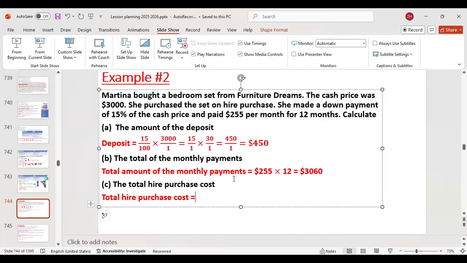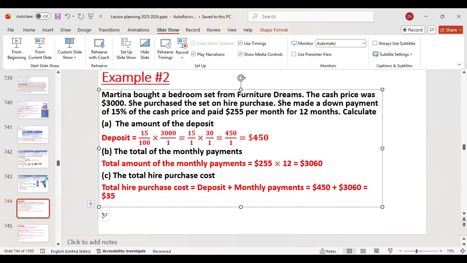It's gonna be deposit plus monthly payments, which gives us the deposit, 450, plus 3,060, which gives us 3,510.